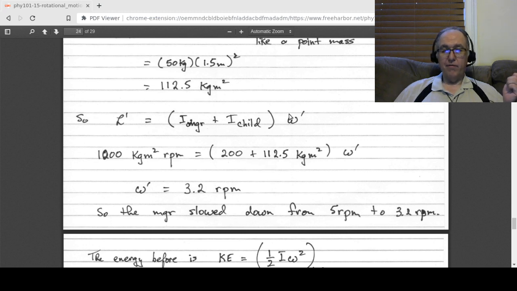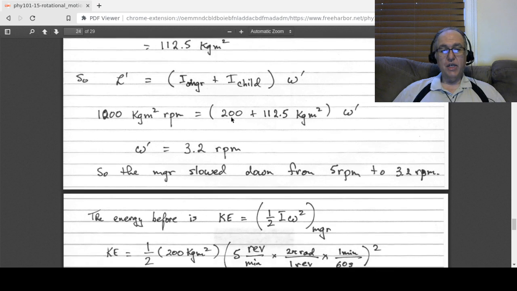Remember, it's I omega for one plus I omega for the other. But since the omega is the same, you could just factor it out. So we have I for the merry-go-round plus I for the child multiplied by their common velocity. Working this out, it turns out that the common angular velocity is 3.2 rpm. So basically, the merry-go-round slowed down from 5 rpm to 3.2 rpm when the child jumped on it. Makes sense, because now there's more stuff rotating, so it had to slow down.